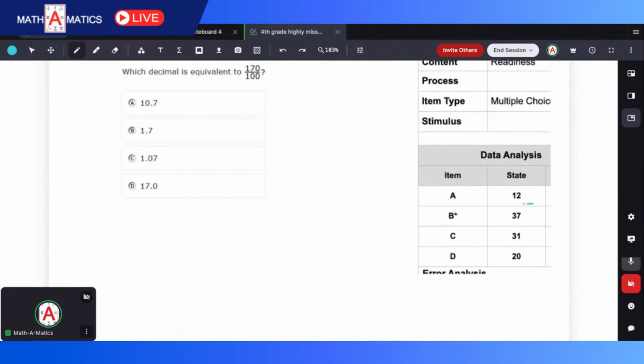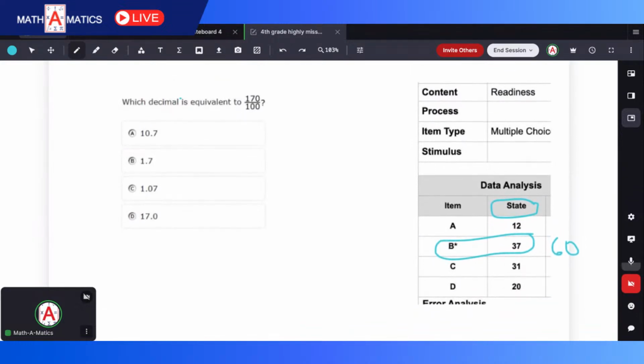So here is another where about 37% of our students got this right. So that means about 60% got this wrong. And when we say our students, I'm talking about the whole state of Texas, whole state. Okay. It's millions of students. Only 40% got this correct. So right here, which decimal is equivalent?